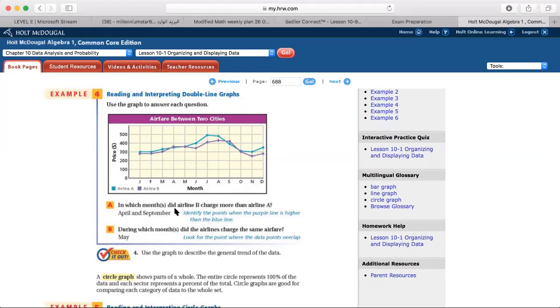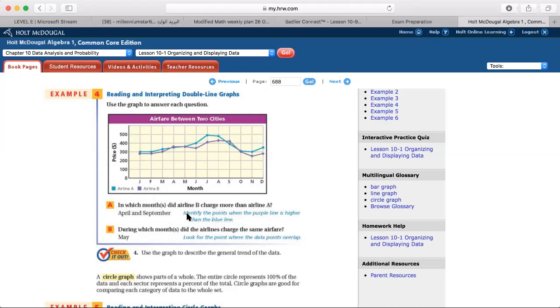In which month did airline B charge more than airline A? Airline B, which is the purple, charges more than airline A. So identify the points where the purple line is higher than the blue line. Why the purple line?